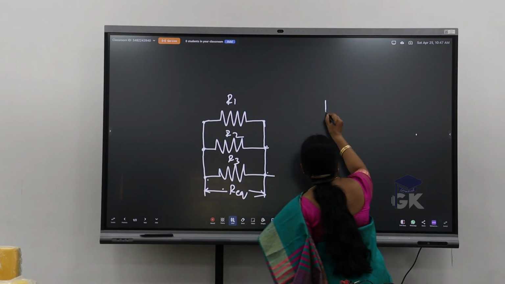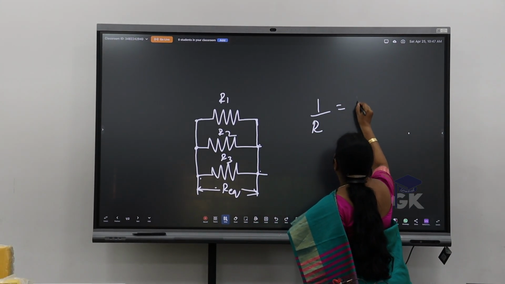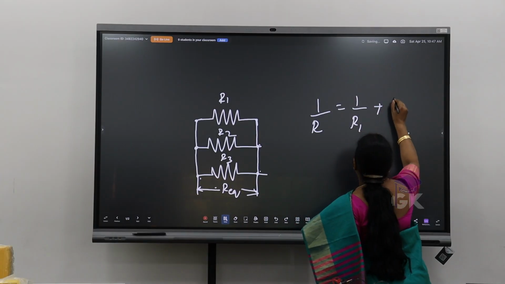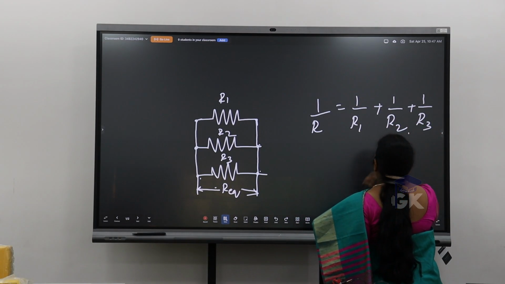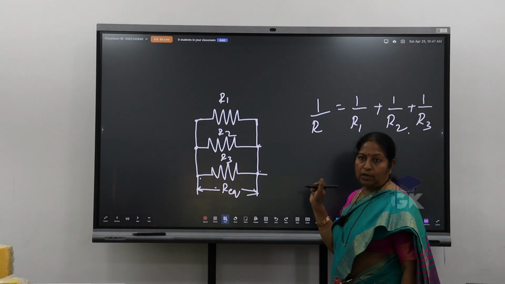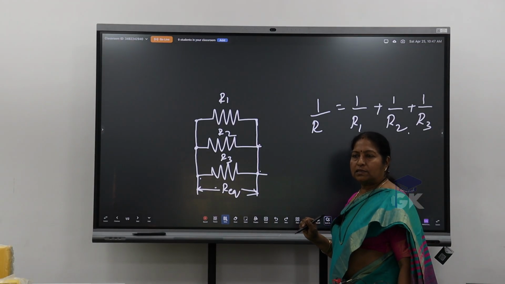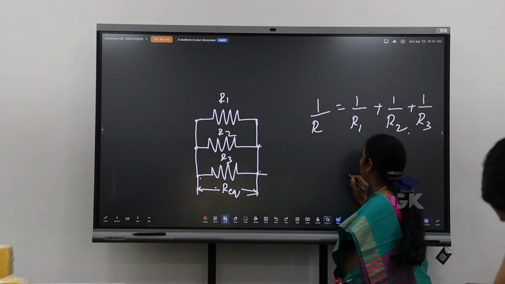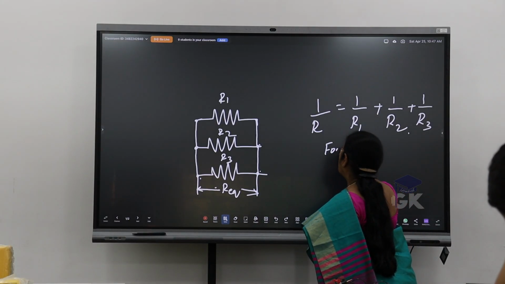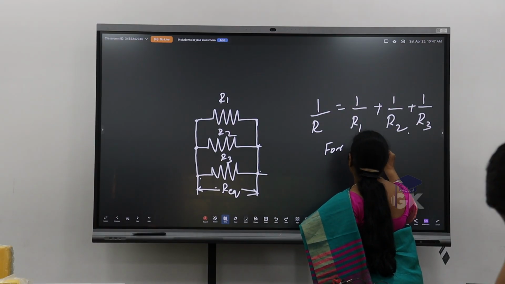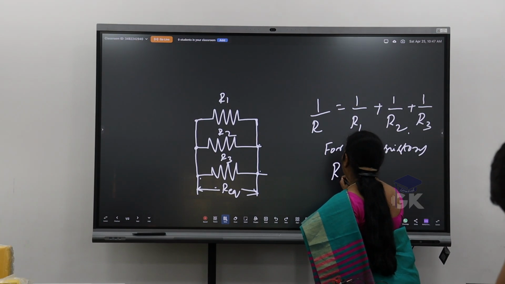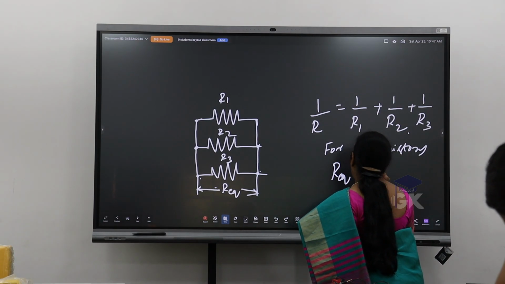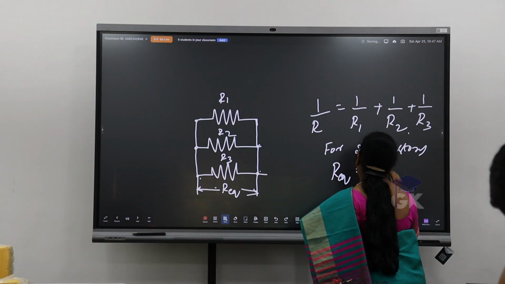How do you find out? Yes. 1 by R is equal to 1 by R1 plus 1 by R2 plus 1 by R3. So you have to find out like this. If there are two resistors, easily you can say R equivalent is equal to R1 R2 divided by R1 plus R2.